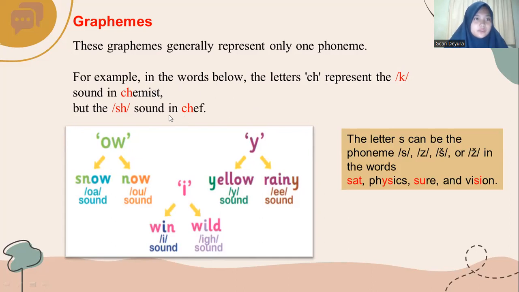It is also used for the "sh" sound in words like "chef", because the writing here is CH, but when it becomes sound, it becomes "sh".